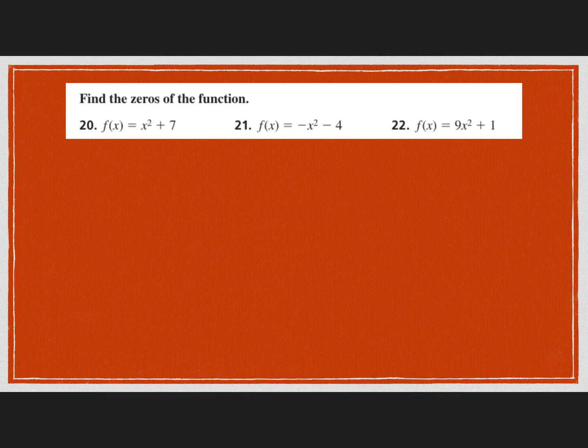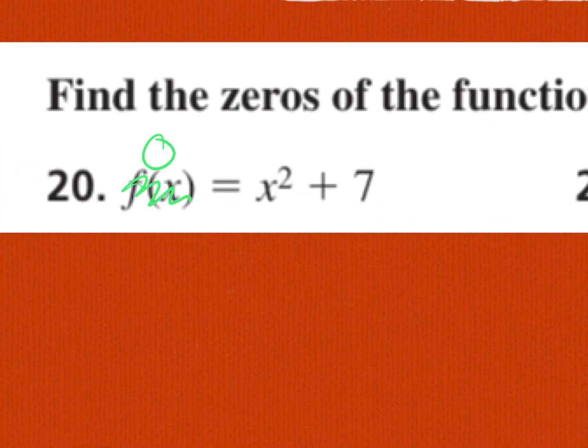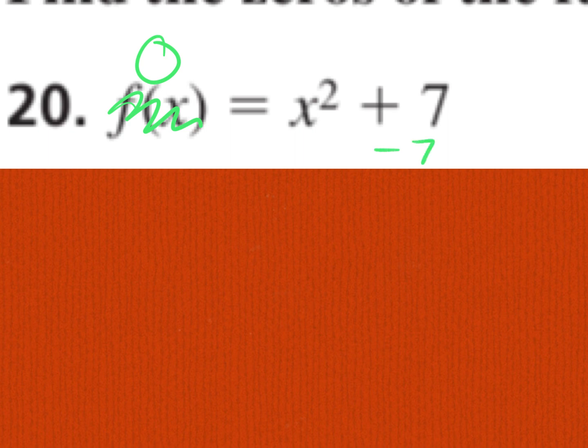So for the last 3, we're finding the zeros. So we just change f of x to be 0, and then we solve. We want to get x squared all by itself. So what would I move first here? 7. So let's subtract 7. 0 minus 7 would be negative 7 is equal to x squared. What would we do next?